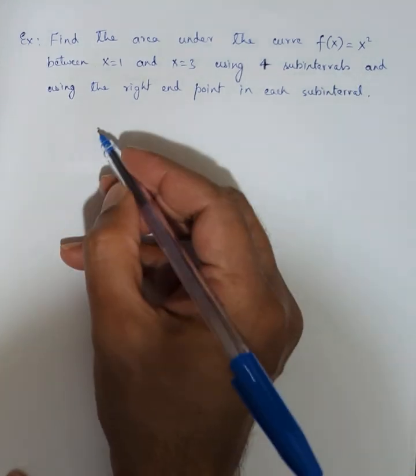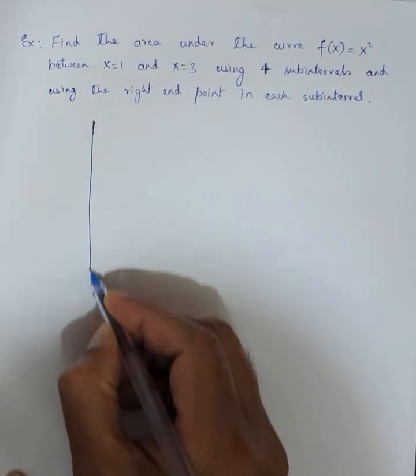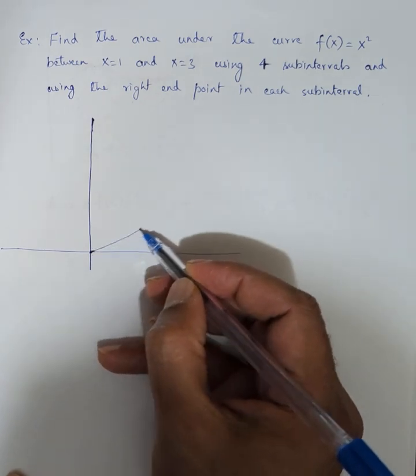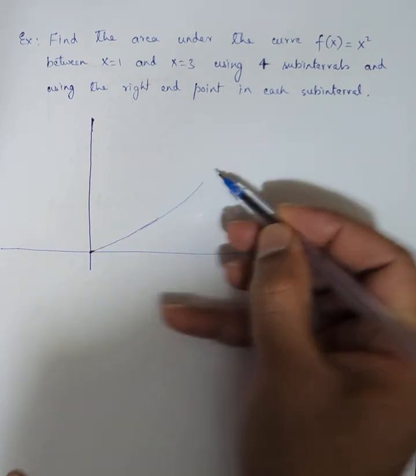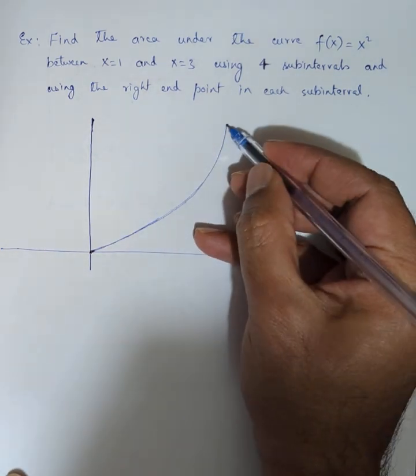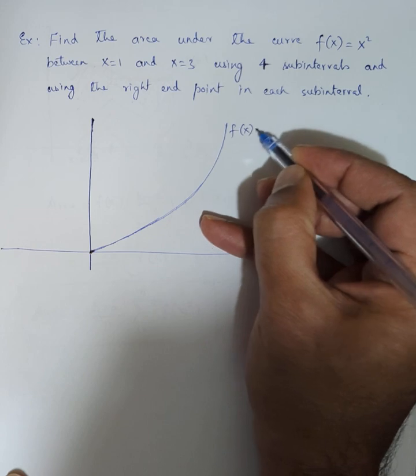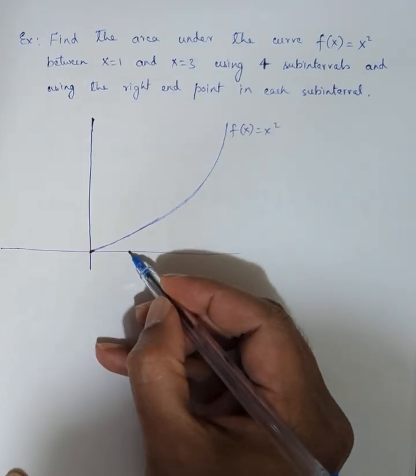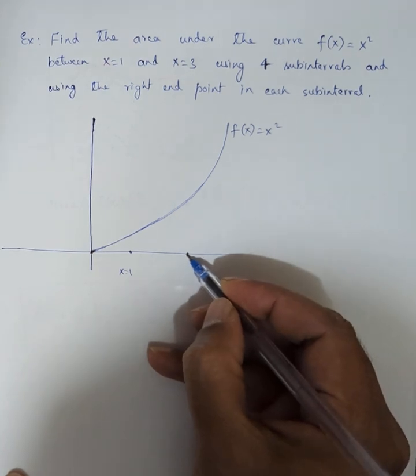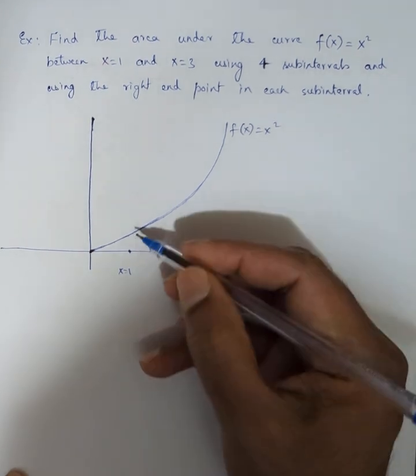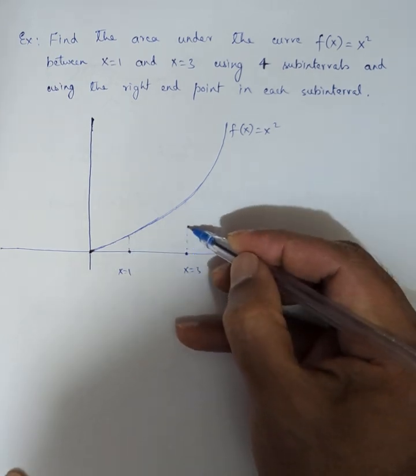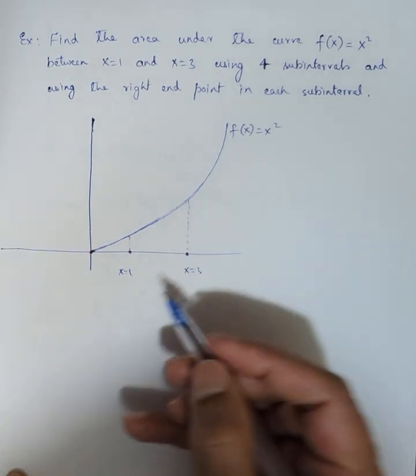All right, so let's draw a rough picture for x squared. We know that it's a parabola. So let's draw a rough sketch of a parabola, f of x equals x squared. And here is x equals 1 and x equals 3. So we need to figure out the area under this graph.